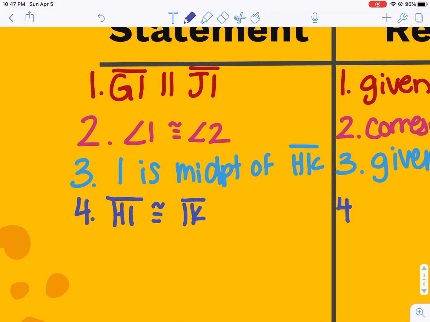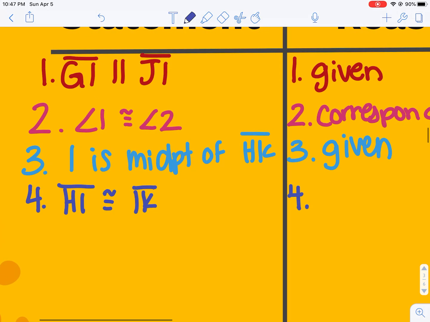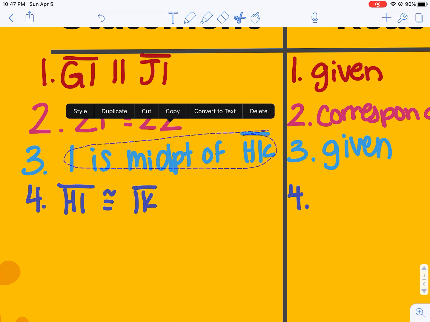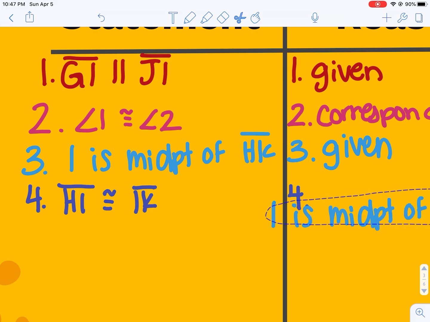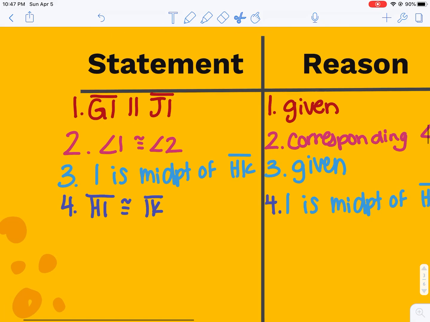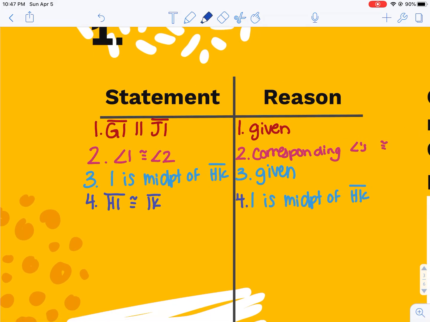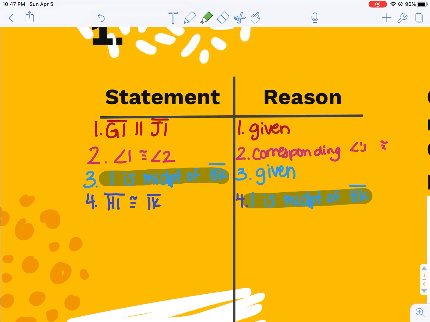My reason here can be one of two things. I can put definition of midpoint, or I can copy exactly what I wrote in step 3 and have that be my reason. And notice, pals, I had to have I as a midpoint before I could be using it as a reason. You have to use it as a statement before it can be a reason. Similarly, I have to have parallel lines before I can have corresponding angles or alternate interior angles.